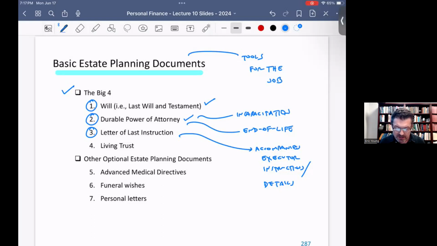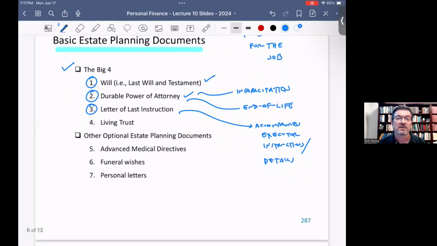In other words, your executor is going to have a lot of stuff that they have to do. This letter of last instruction helps them out. Like I said, passwords, the location of important documents. How about this? A list of the people along with their phone numbers that you want your executor to call to let them know. None of these things are codified in your will, but by putting them in the letter of last instruction, you'll make this person's job much easier.